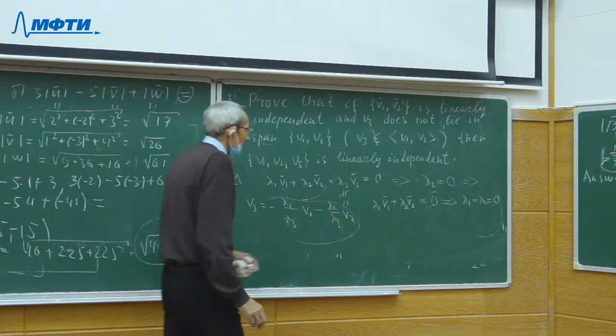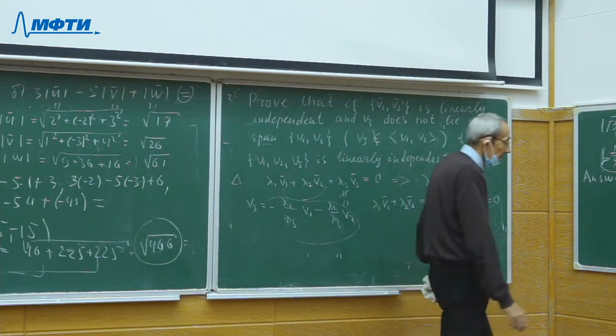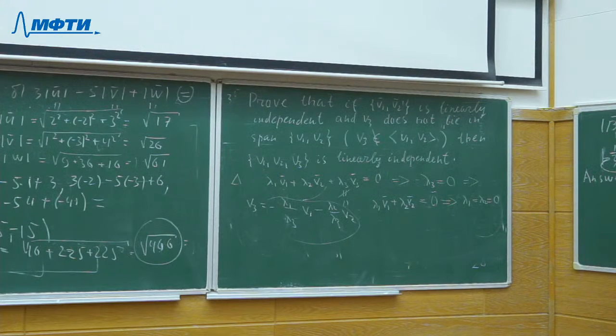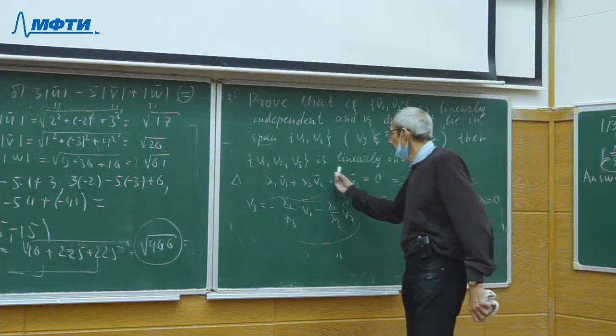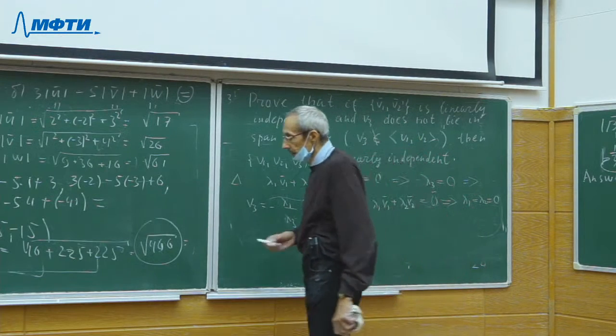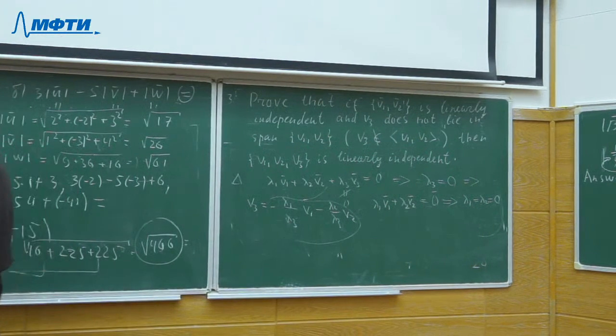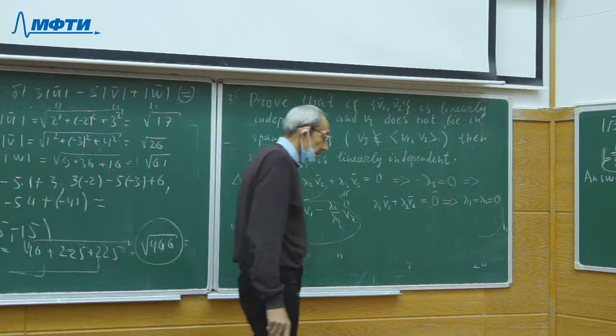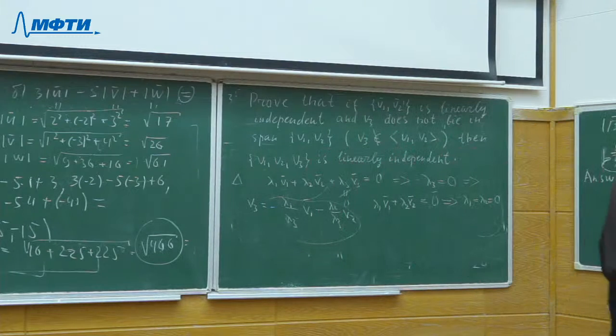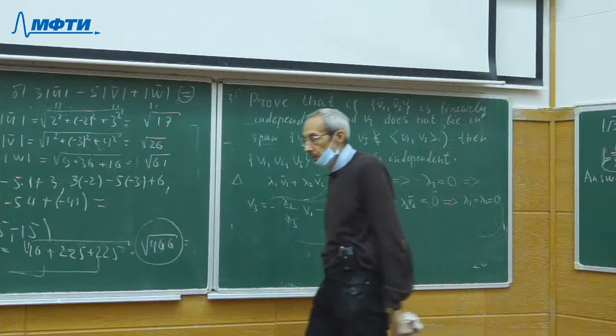If we join both assertions, we obtain that from the equality of this linear combination to 0, it follows that all these coefficients are equal to 0. This means that these vectors are linearly independent, and we have solved this problem.